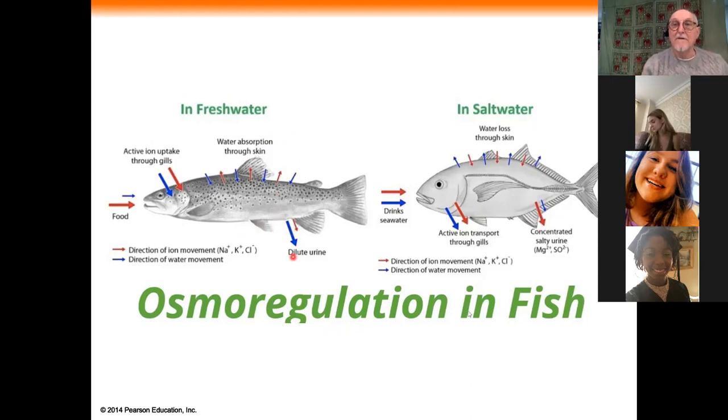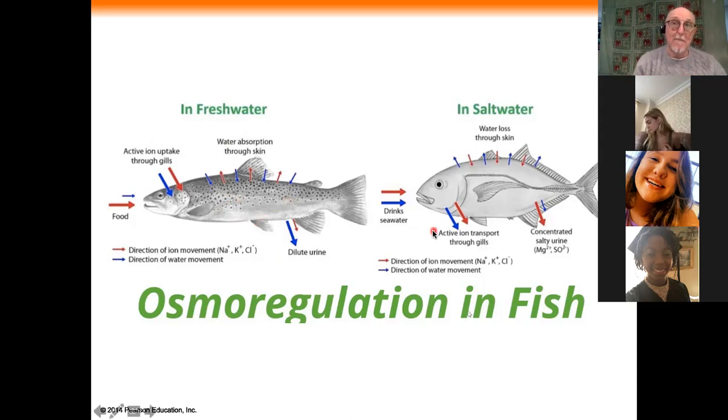They produce very abundant quantities of a very, very dilute urine. And they have special mechanisms to recover ions, to conserve ions so that their solute concentration stays as high as possible. But remember, freshwater fish in fact drown if they don't have these mechanisms to pass water very, very quickly.